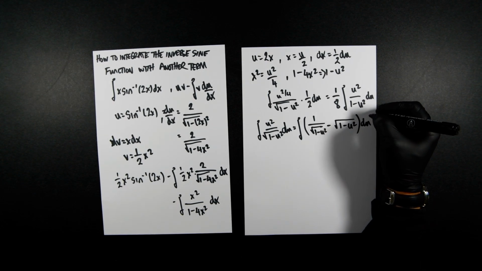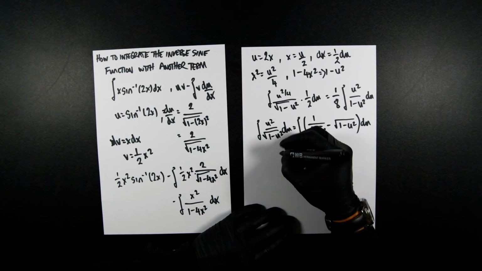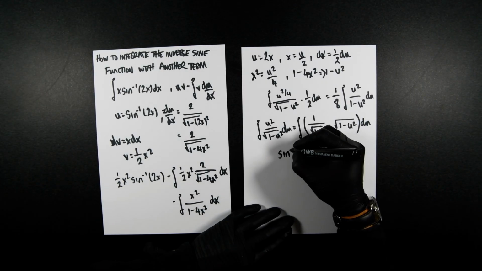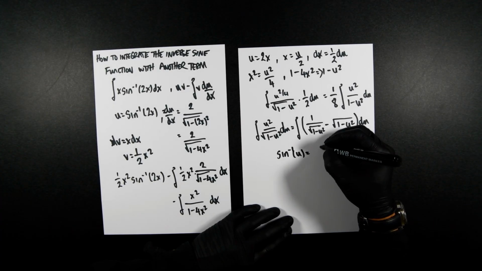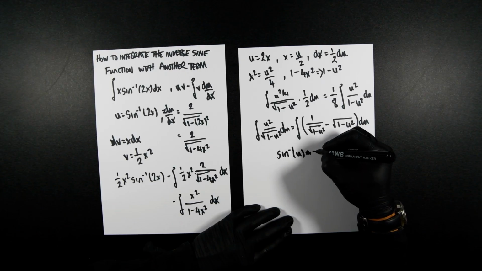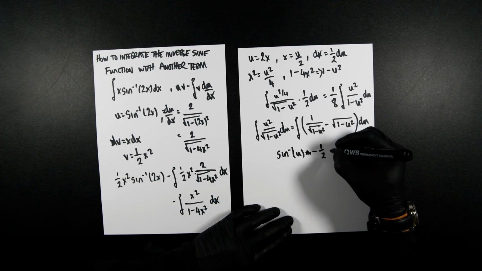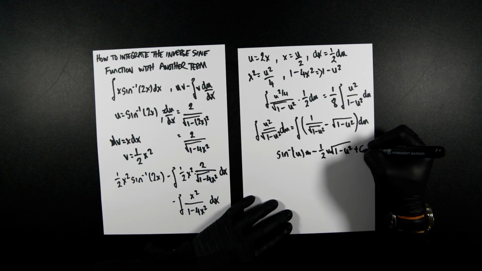So we can now substitute that in, and we should now get sine^-1 of u minus a half u square rooted by 1 minus u squared plus c.